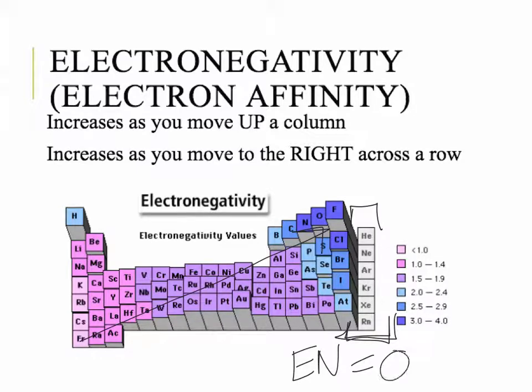The electronegativity of noble gases is essentially zero. They don't bond, so they can't have an attraction to electrons in bonds if they don't bond with anybody. So we ignore the noble gases a lot when we talk about the trends on the periodic table. That's a good thing to write down in your notes.